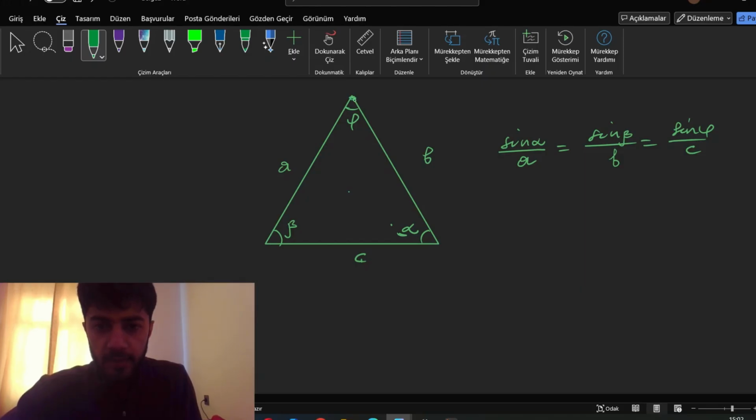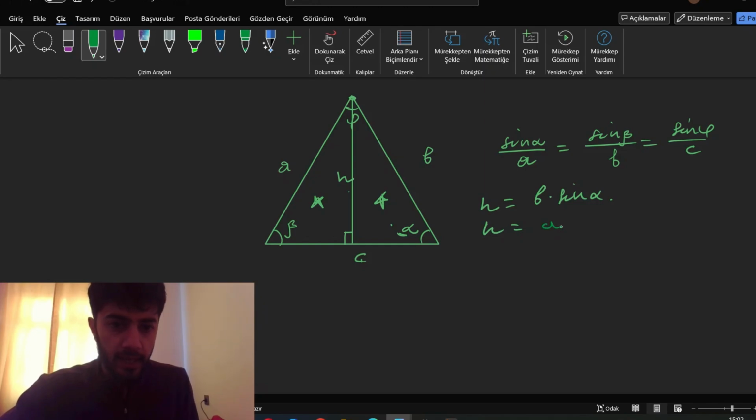Let's take this point and draw a height to the side c and call it h. Can we find h here? Yep. How can we find it? h is equal to b times sine alpha, right? For this right triangle. And for this right triangle, h is going to be a times sine beta, right?